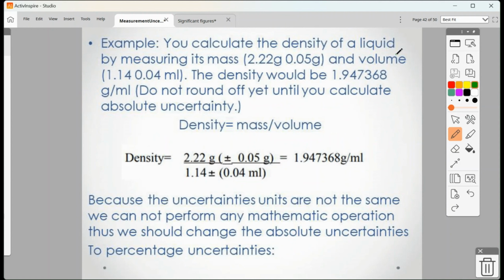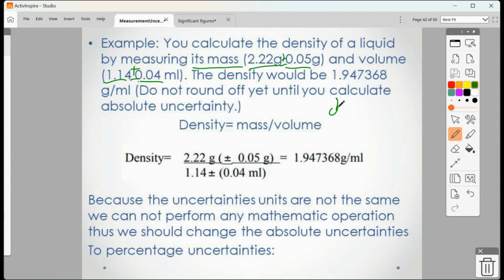Calculate the density of a liquid by measuring its mass. So the mass is 2.22 gram, and the uncertainty is plus or minus 0.05, and the volume is 1.14 plus or minus the uncertainty of 0.04. I'm going to normally divide.